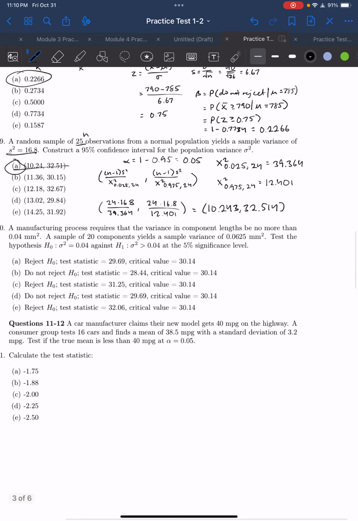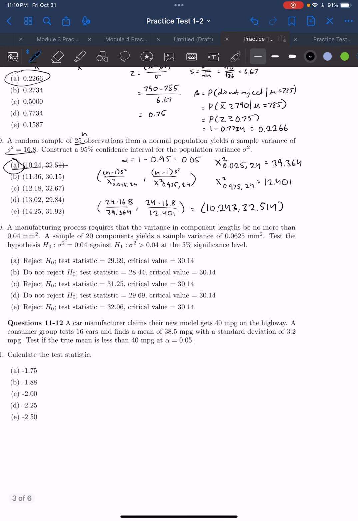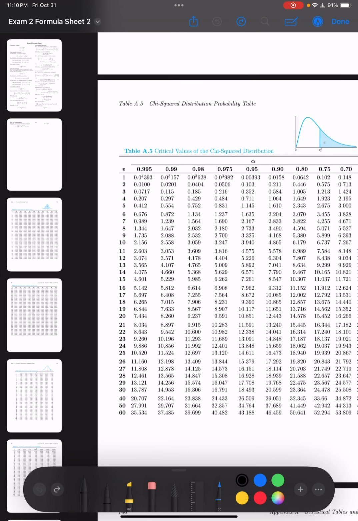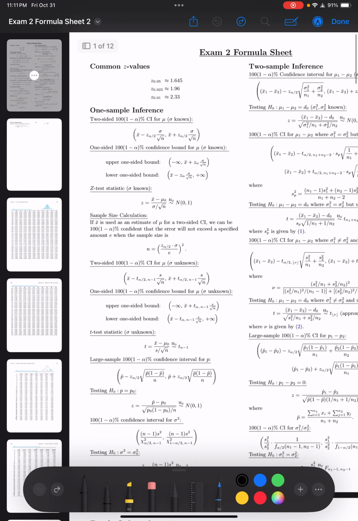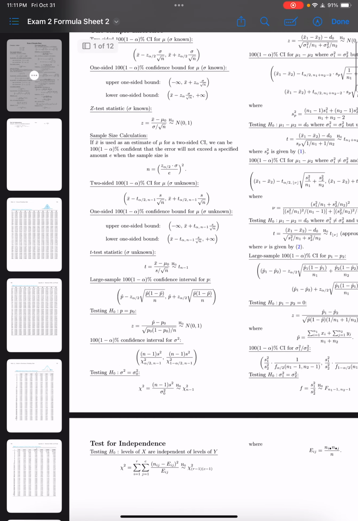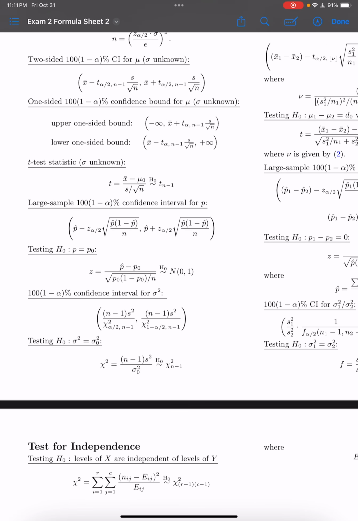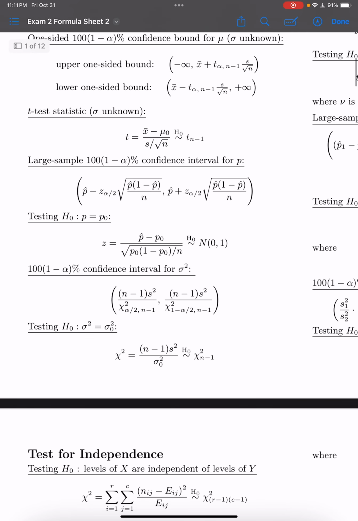So since we're testing our variance, we want to use our variance formula in our formula sheet. So if we look over here, if we're testing for that, we have our chi-square value over here, and we can use this formula.